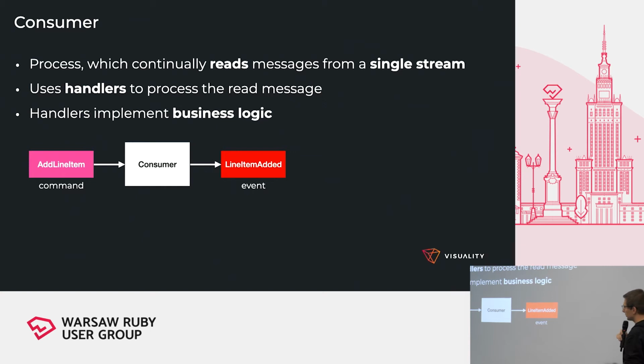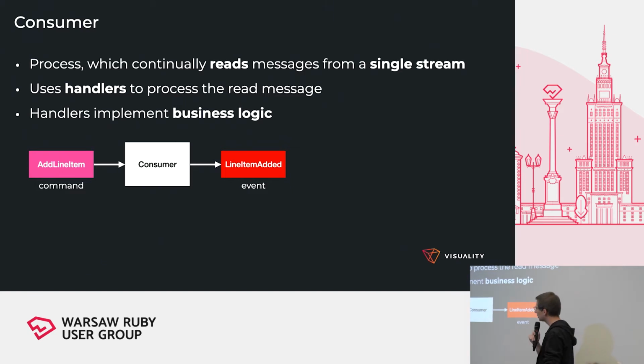So a very simple situation. We have an add line item command. That's a message put into the stream. There is a consumer which reads it, processes it, and creates event line item added. And this is where magic starts.